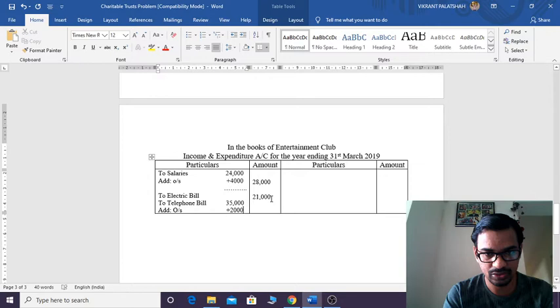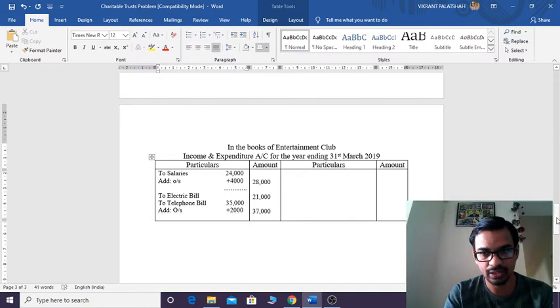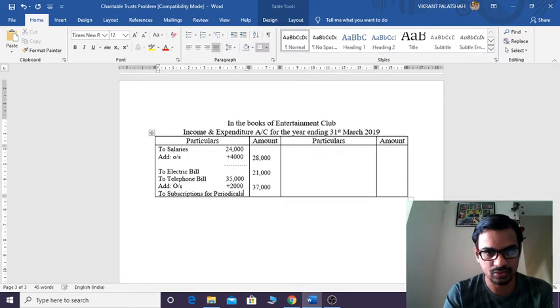Now the next one, again refer to the payment side of the receipt and payment account. What is there? By subscription for periodicals, no adjustment regarding that. So write down the whole amount in the outer column, subscription for periodicals.